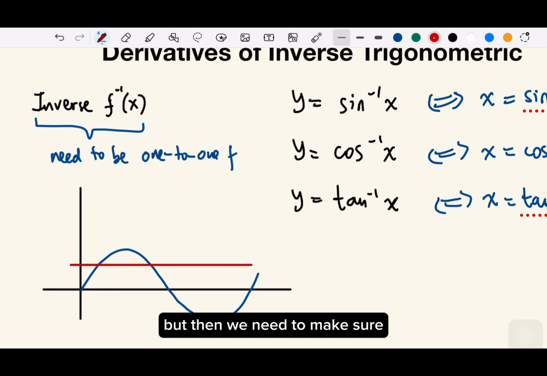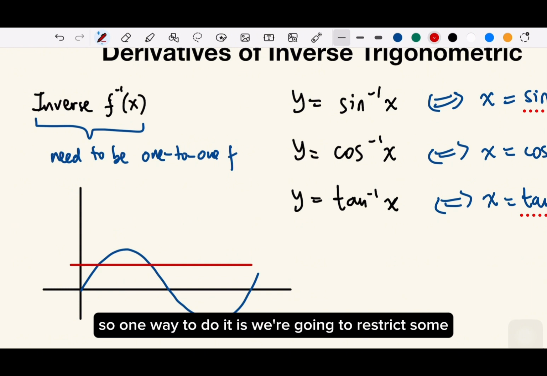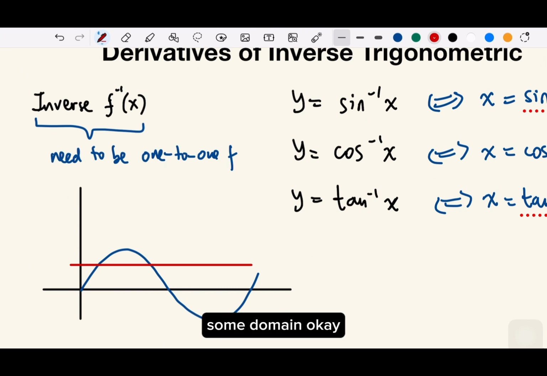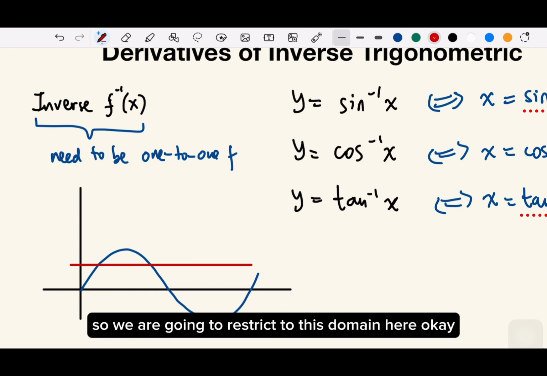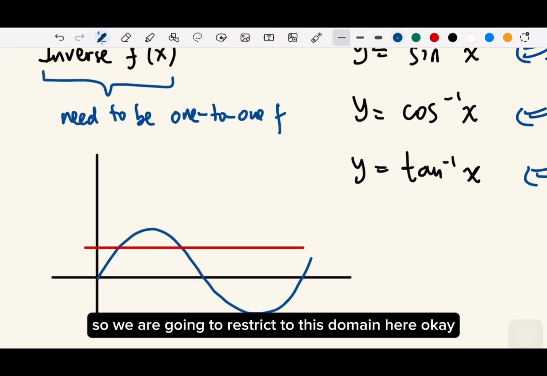But then we need to make sure that this trigonometry can be applicable in our inverse. So one way to do it is we are going to restrict some domain. So we are going to restrict to this domain here.